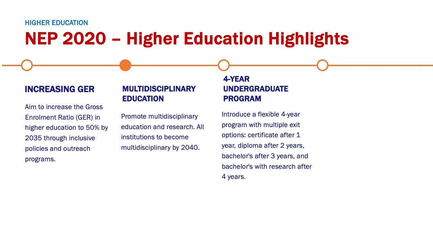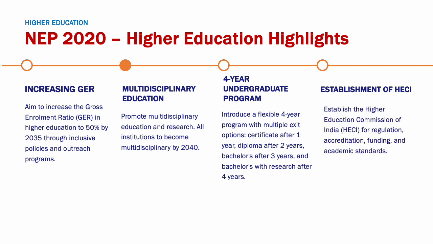You get a certificate after 1 year, a diploma after 2 years, a bachelor's after 3 years, and a bachelor's with research after 4 years. The establishment of the Higher Education Commission of India, HECI, for regulation, accreditation, funding and academic standards is another key highlight.